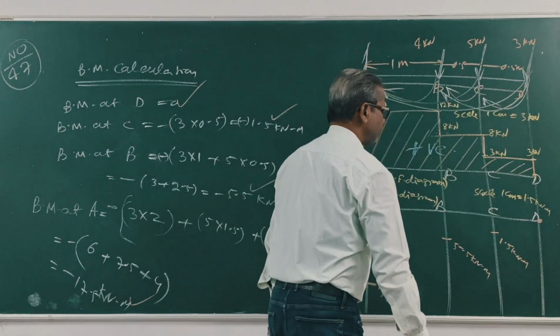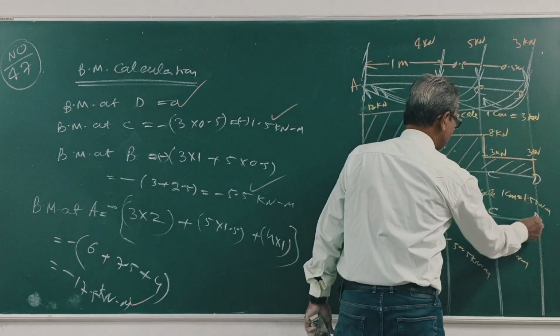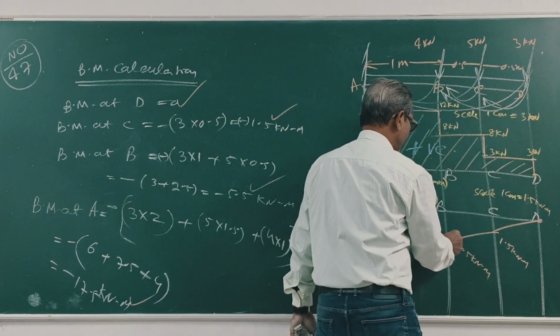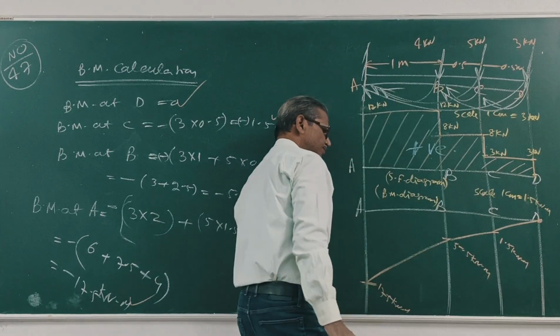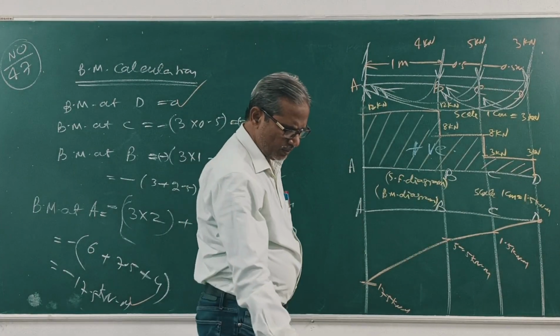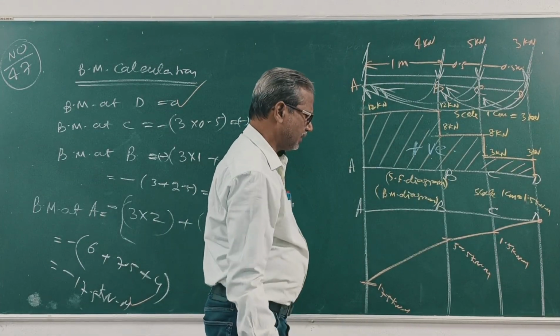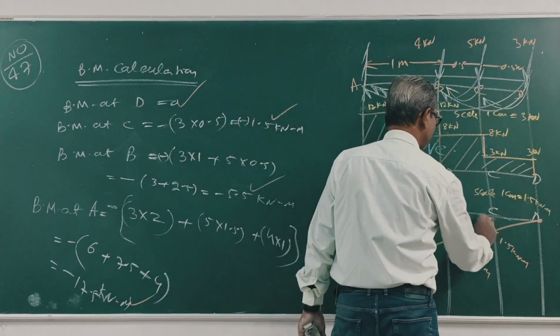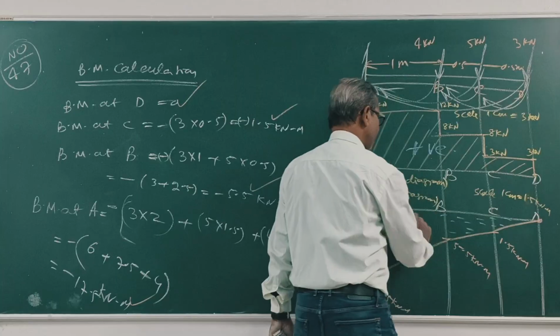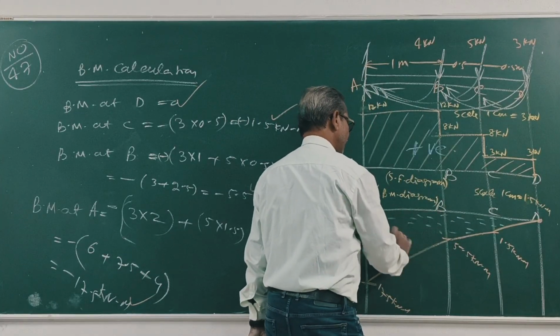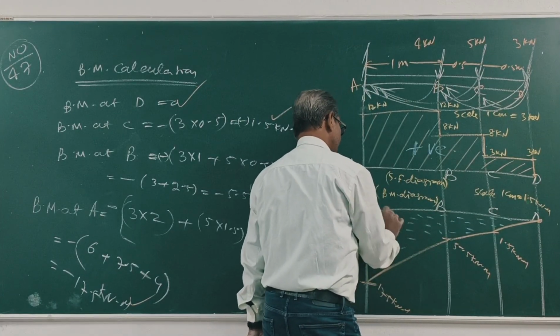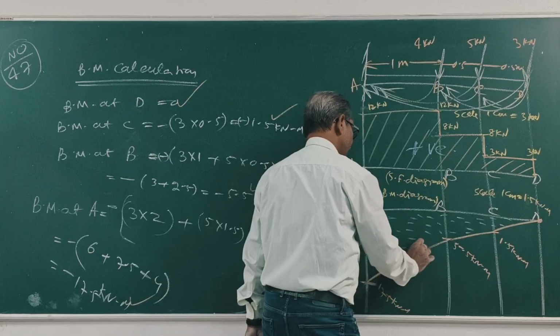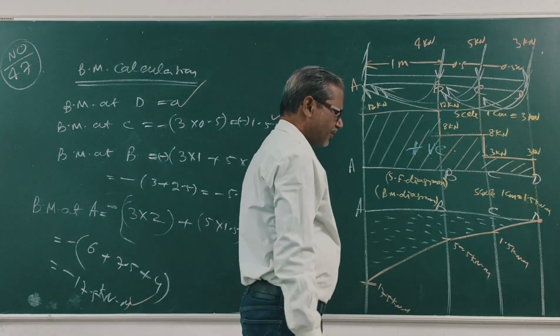Now join from D to C, C to B, B to A. These are inclined straight lines.